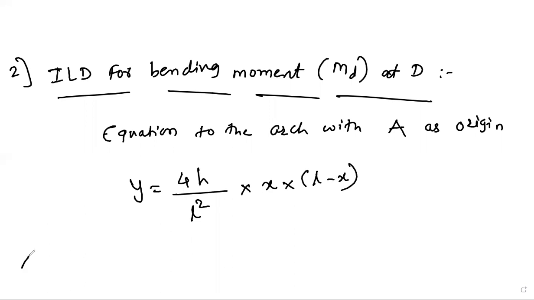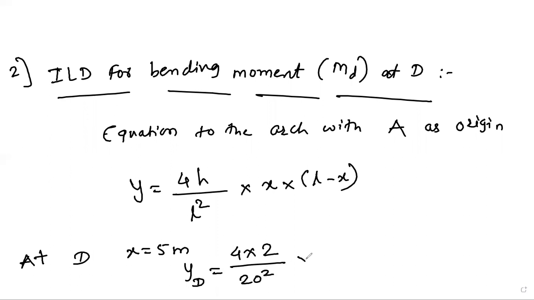So at D, x equal to 5 meter. So next line, YD at D is equal to 4h, h is 2 meter, divided by L is 20, 20 square, into x is 5 multiplied by L is 20 minus 5.